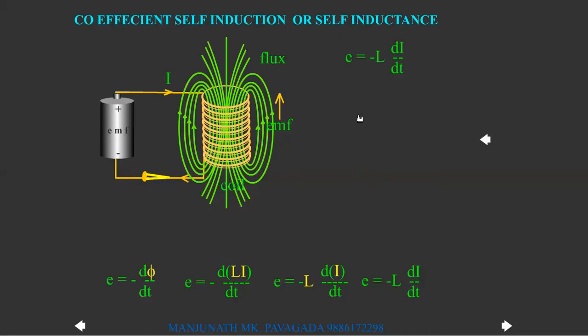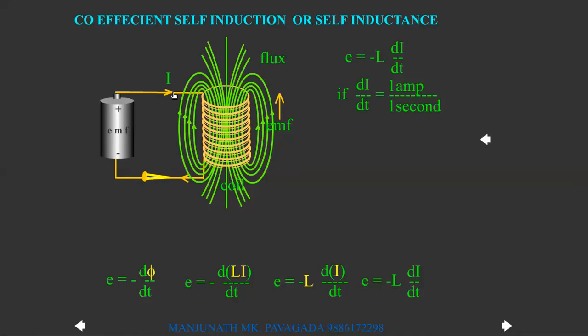Now consider this equation, E is equal to minus L into dI by dt. If dI by dt is equal to 1 amp per second, it means the current varies at the rate of 1 amp per second; in every second its value increases by 1 amp.